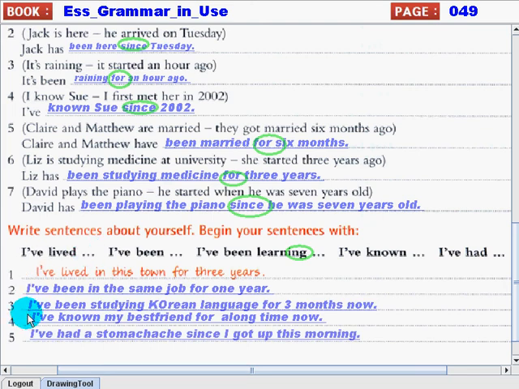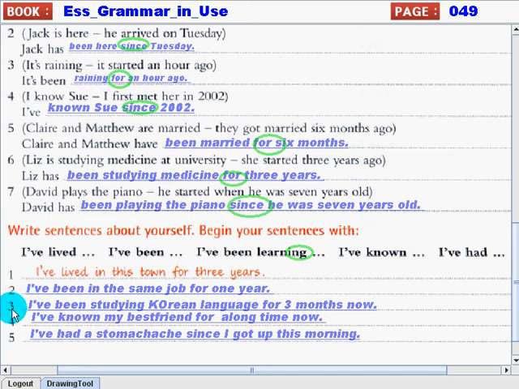Okay, these are just my examples. And I hope you made yours too, okay? Number 2, I made this kind of sentence for I've been. I've been in the same job for 1 year now. Actually, for almost 1 year, I've been teaching Korean students. Okay? ESL students. Alright?